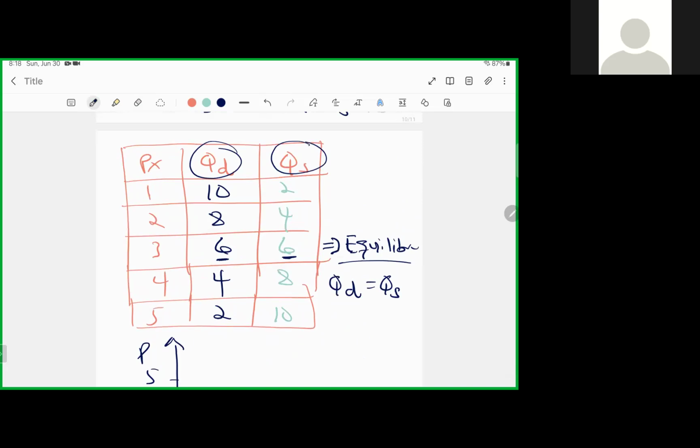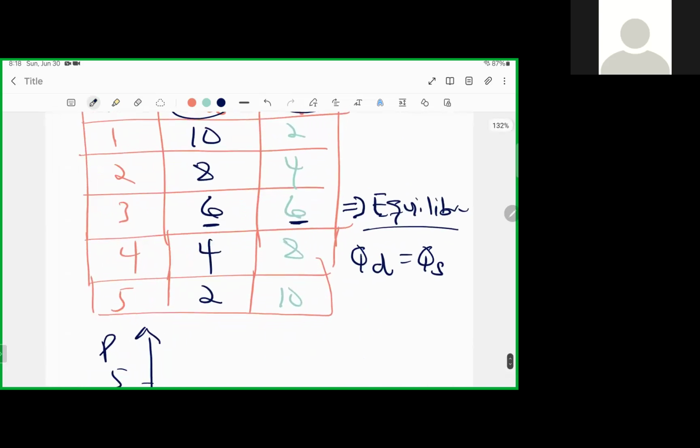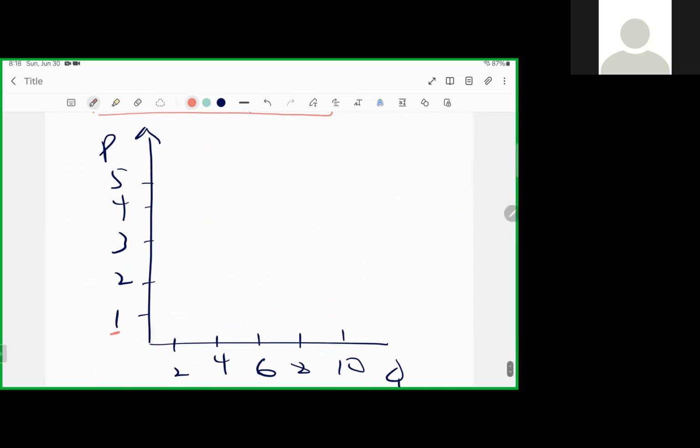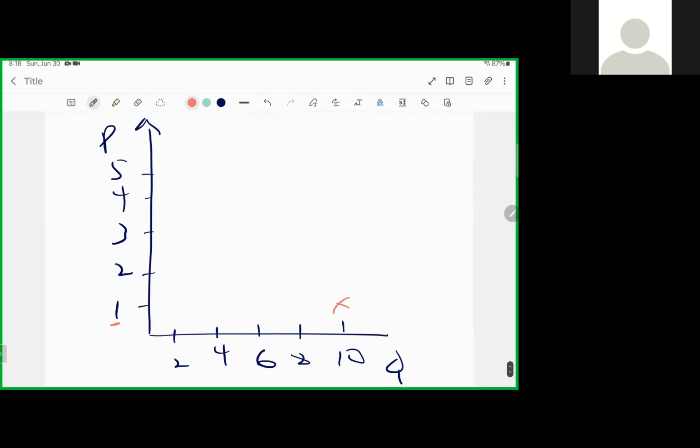So this is demand. If price increases to 2, then they decrease the demand. Increases to 3, they decrease the demand. Increases to 4, they decrease the demand. Increases to 5, they decrease the demand. So this will give us the demand curve.